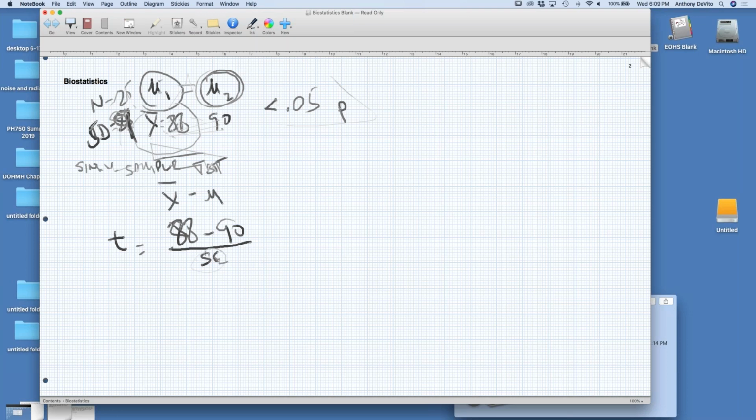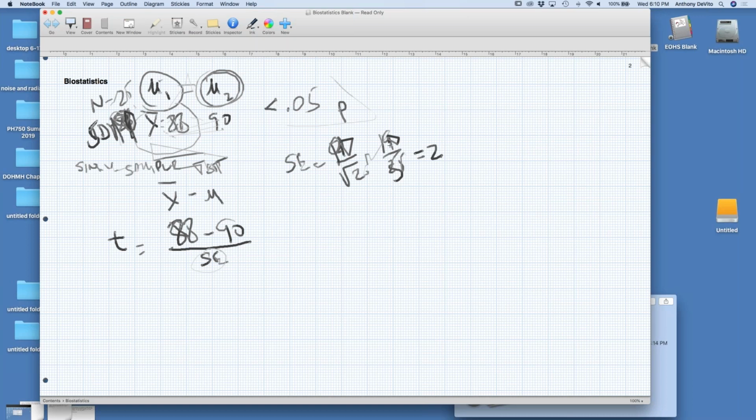So what's my standard error going to be? It's going to be 9 over the square root of 25. That was a bad choice. I'm going to make it 10. 10 over the square root of 25, which is 5, so that's going to be equal to 2.